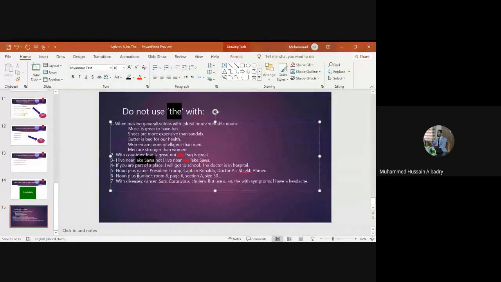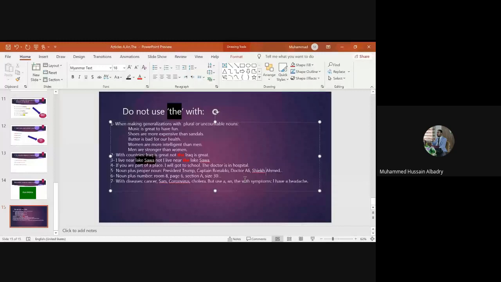Noun plus name, proper name, the name of a person, or to be more accurate, proper noun. President Trump, Captain Ronaldo, Captain Yunus Mahmoud, Dr. Ali, Sheikh Ahmed, Teacher Muhammad.